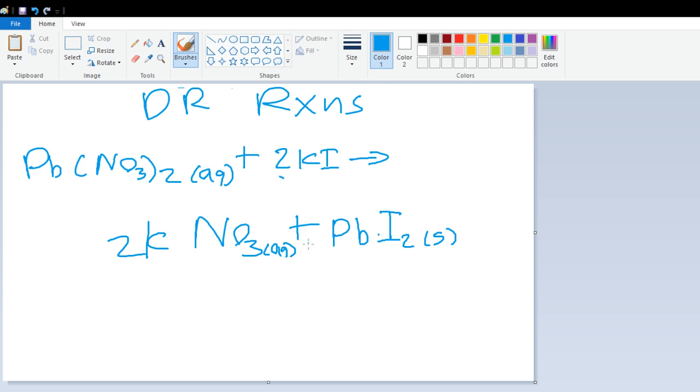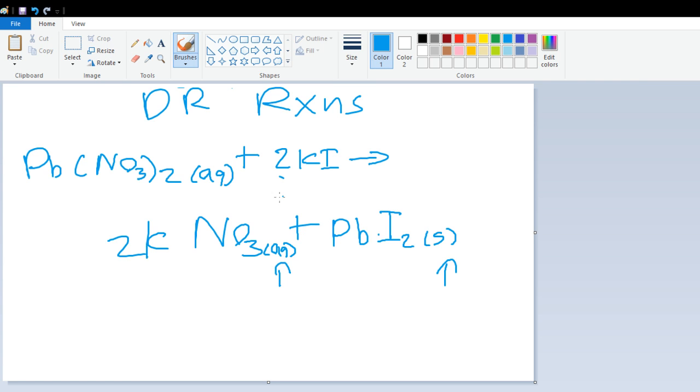Now then, you're going to have to figure out these states, the aqueous state for the potassium nitrate, and the solid state for the lead iodide, from your solubility rules. There's a lot of them, and you can look them up on the internet, because I, again, cannot show you the chart right here as I would like.